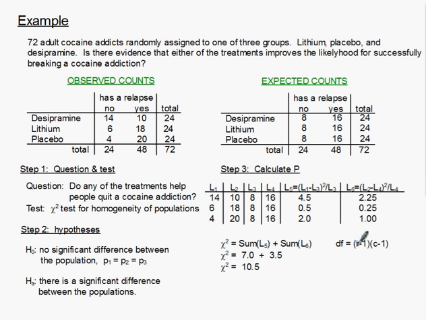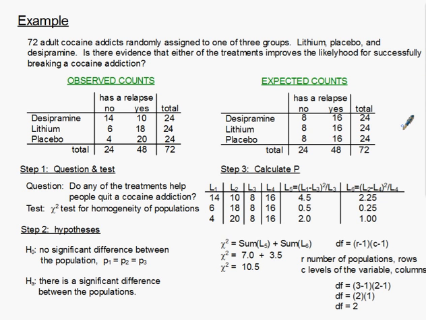The rows are our populations, how many populations we have. The columns are the levels we have for our variable, which are just rows and columns, really. And with that, we can calculate that for this, the degrees of freedom is 2.